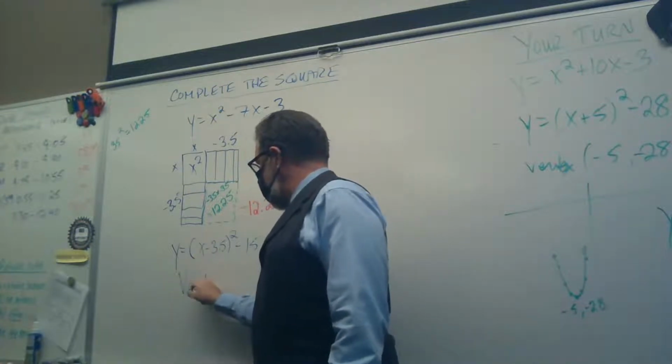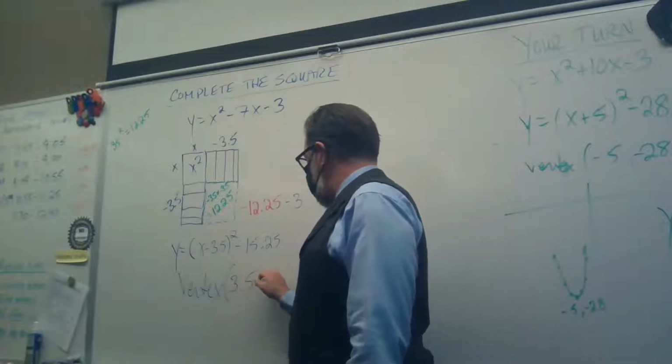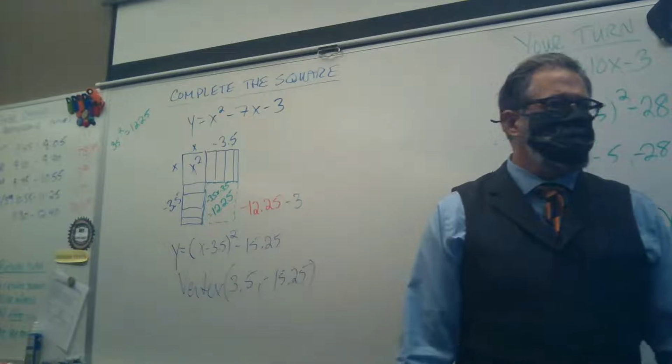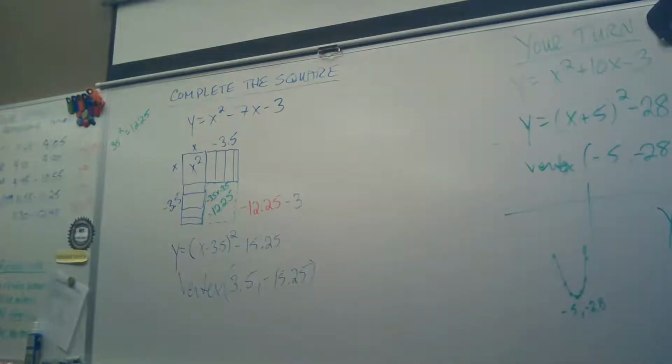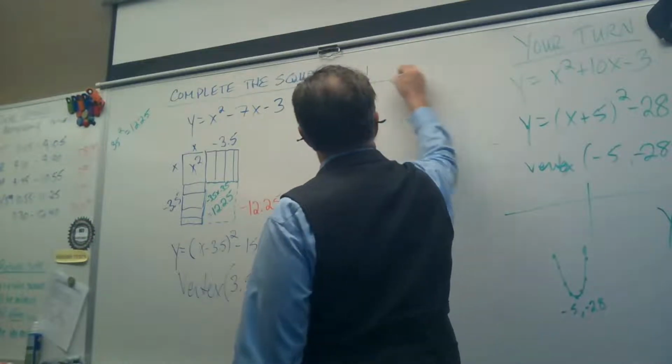My vertex is at positive 3.5, negative 15.25. And my quick graph looks like this.